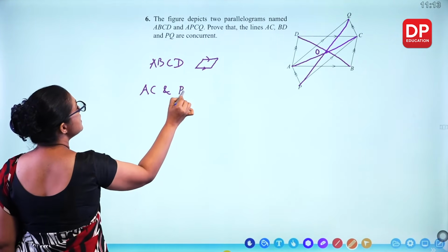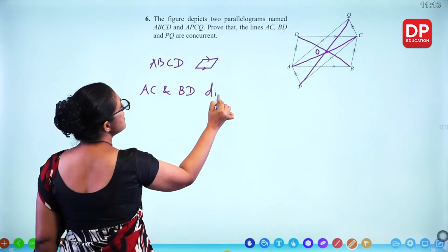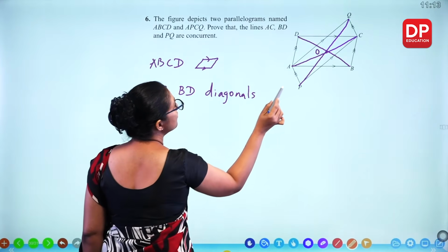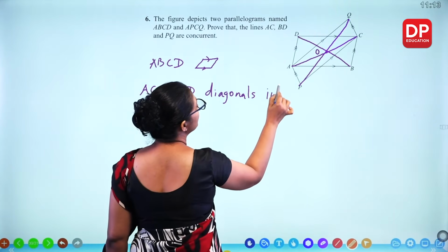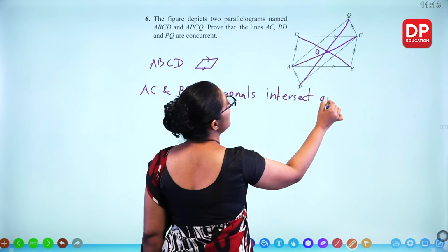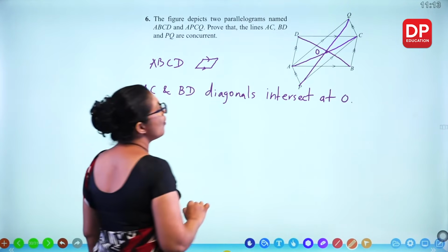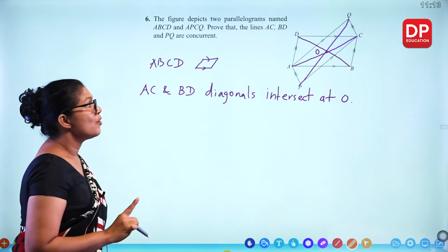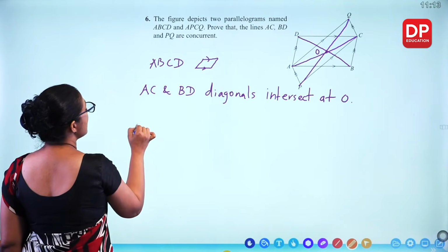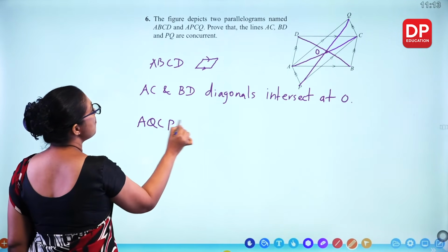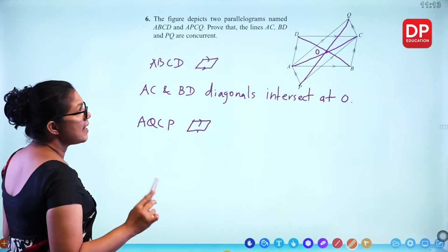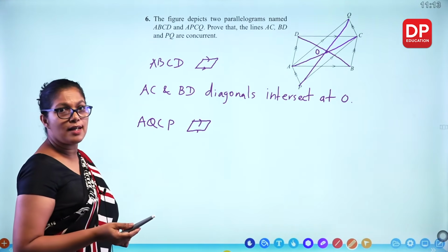AC and BD diagonals intersect at O. And also when you take AQCP parallelogram, what can you say? AC is the diagonal of that parallelogram.